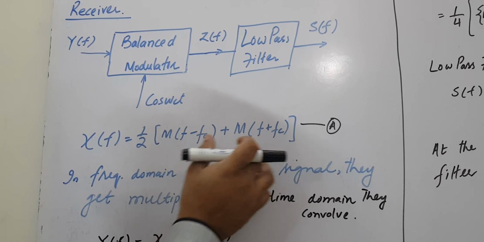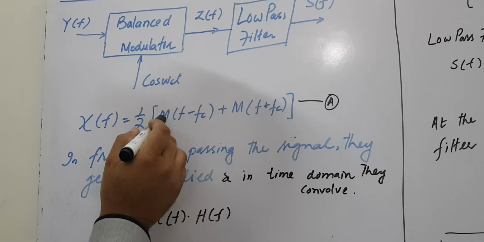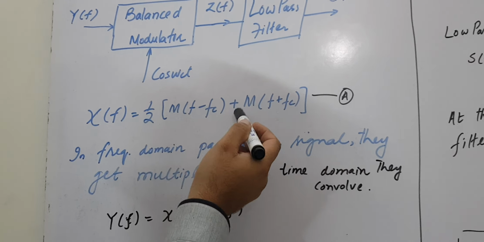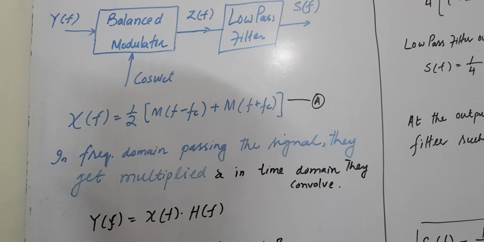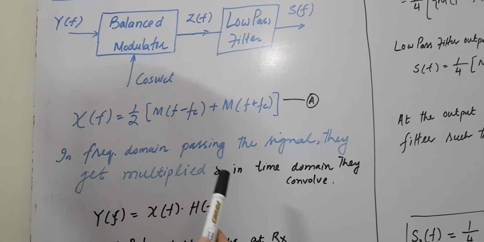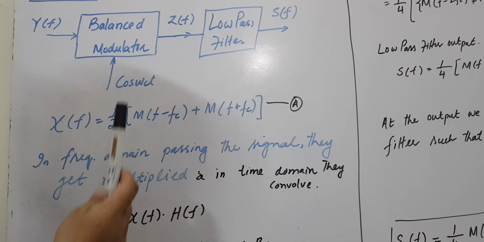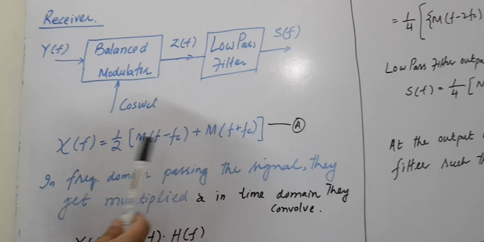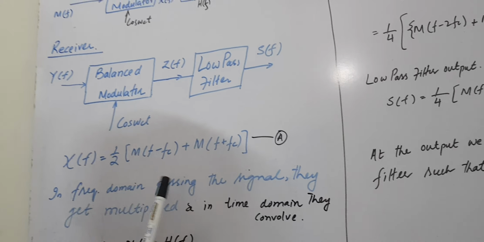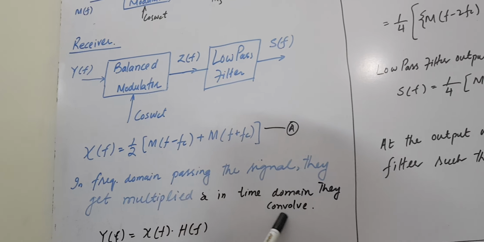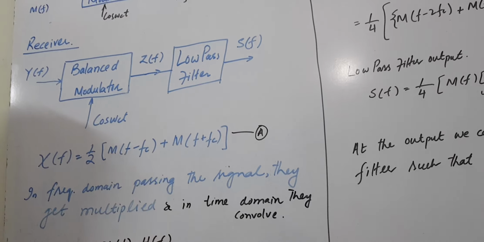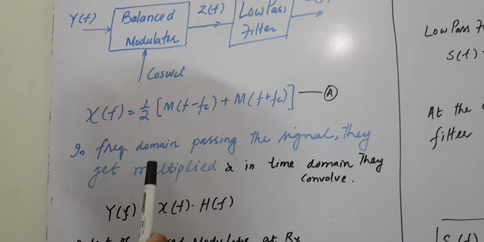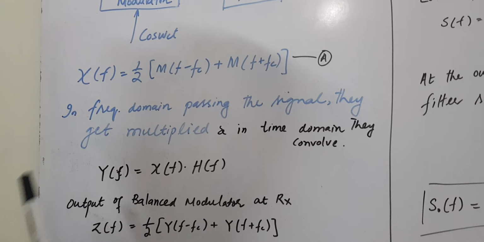So in the frequency domain it is M of f minus fc plus M of f plus fc. Usually, if you pass the signal in the frequency domain, the signals get multiplied, but in the time domain they get convolved. We are working in the frequency domain, so that is why the signals get multiplied.